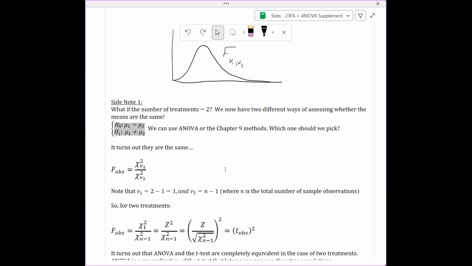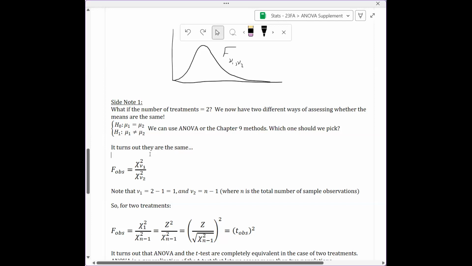So I suppose we could use ANOVA, but we also saw hypotheses like this in chapter 9, just testing for the difference between two means. We have two different ways of running the same hypothesis test. Is this bad? Is this problematic? What if one of the ways says to reject and the other way doesn't? How do we decide? Well, it turns out that they're exactly the same test, right?